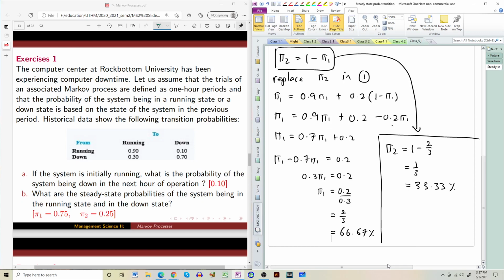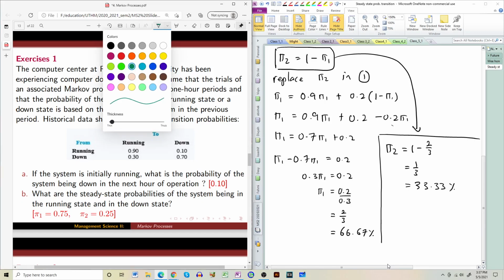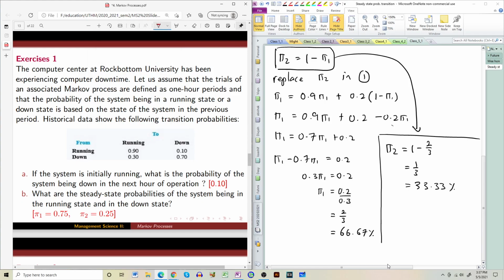First question, you can see the table. This is current. What is the time period here? The time period is hours. So this one is the current hour.